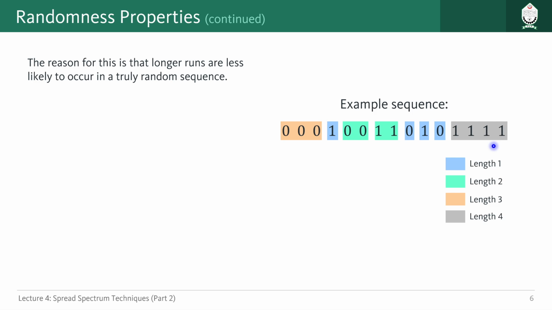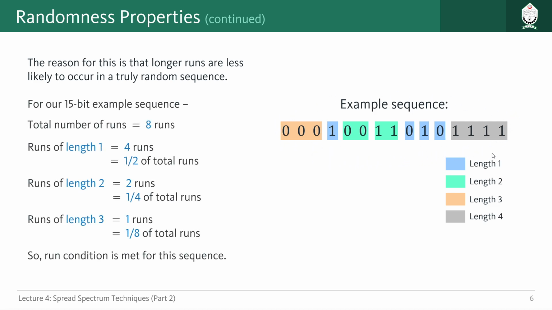Now let us check this property for the example sequence of 15 bits. For this 15-bit example sequence, we have a total of 8 runs. If you look at this, this is one run of length 3, this is another run of length 1, this is another one of length 2.